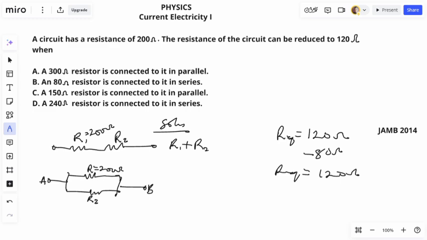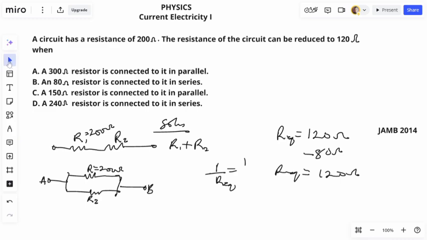I wouldn't use the word subtraction because some people may take that word literally. In parallel connection, we don't do subtraction. We do 1 over R equivalent equals 1 over R1 plus 1 over R2, and so forth. So the more resistors we pile up in parallel, the lower the equivalent resistance.